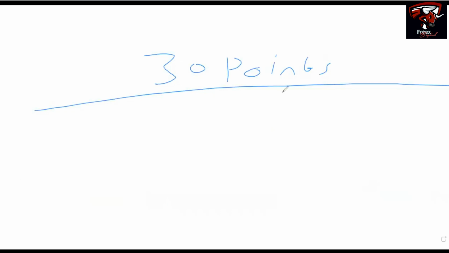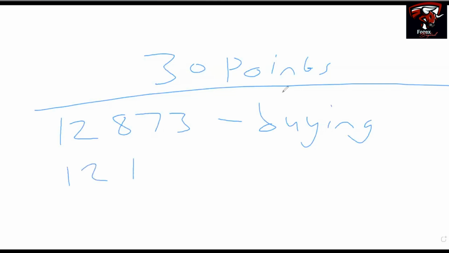If the NASDAQ price is at 12,873 and I am buying, that means my TP will be at 12,873 plus 30, which will be 12,903. That is going to be my TP.